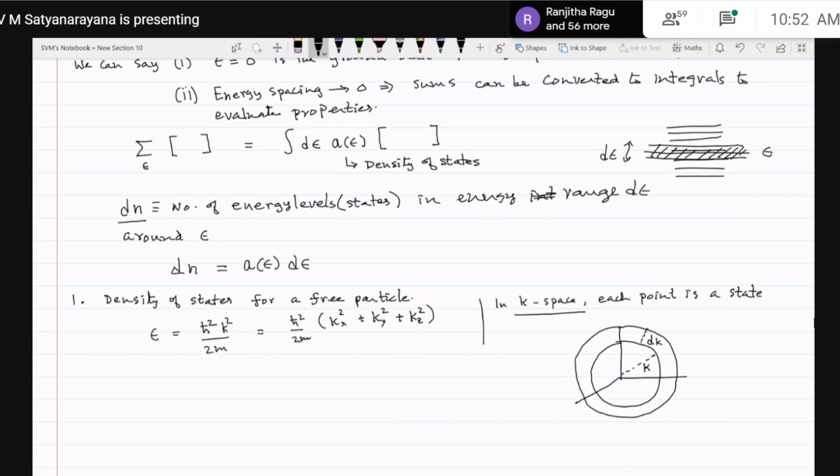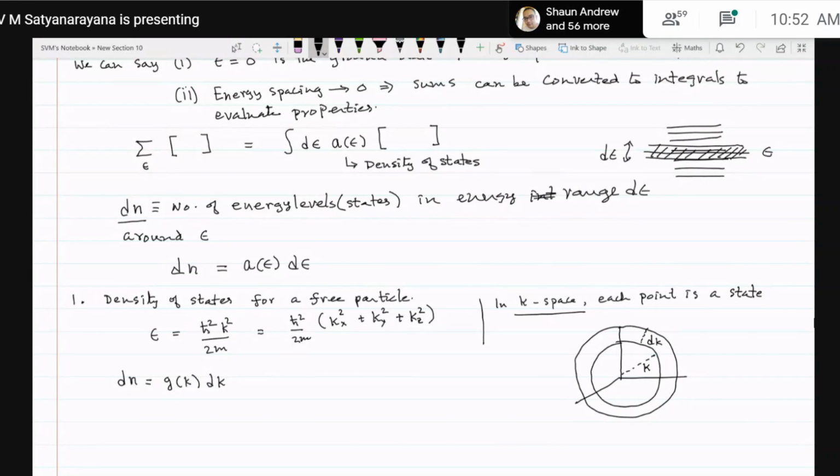So if you want to ask what dn is, that is the number of states, this is proportional to dk, but it is also proportional to k square. So let us call this some g of k into dk. Now I have to find out what this g of k is.